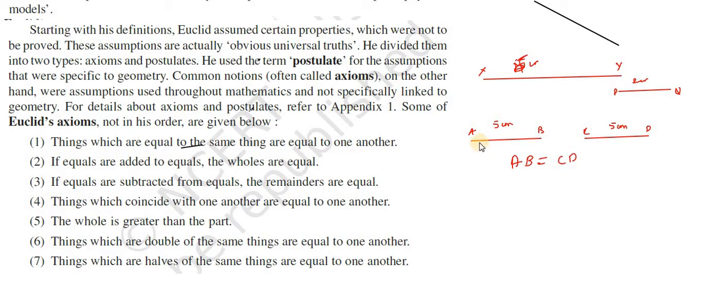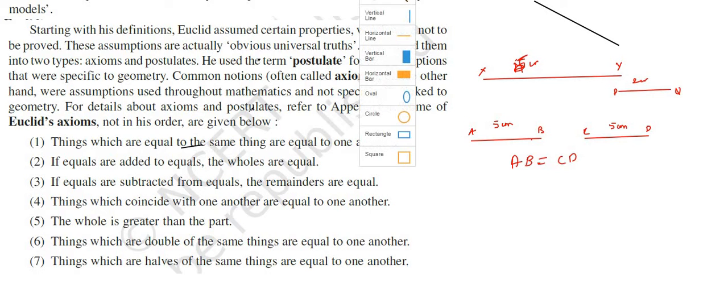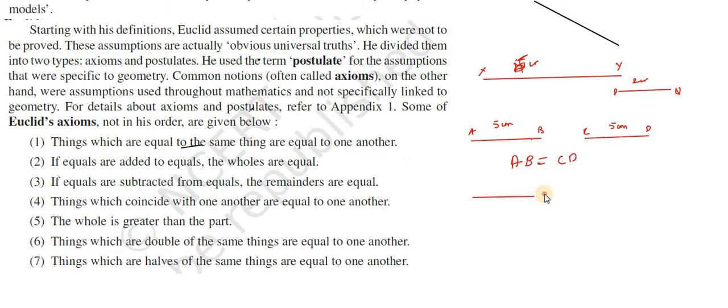Now what is the next one? The next says, if equals are added to equals, the whole is equal. We can consider this in this example. Here AB and CD are equal, 5 centimeters. Now for the same line segments, here AB and again here AB, I have one more line segment.